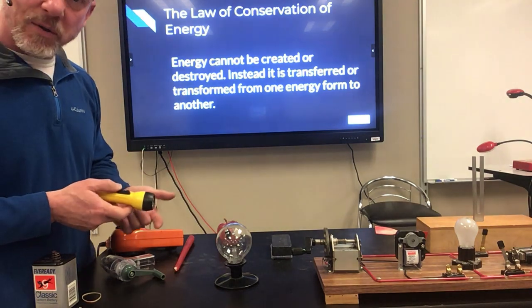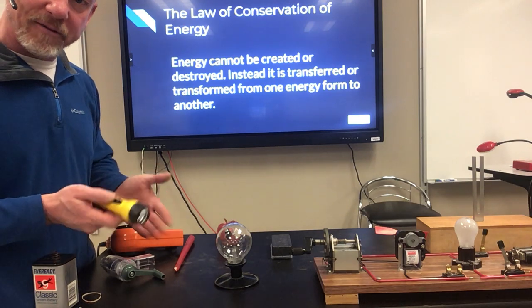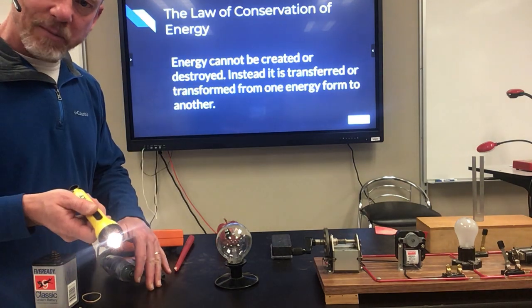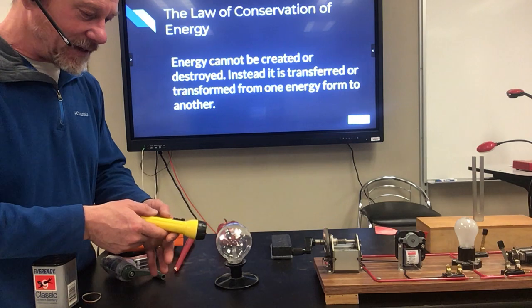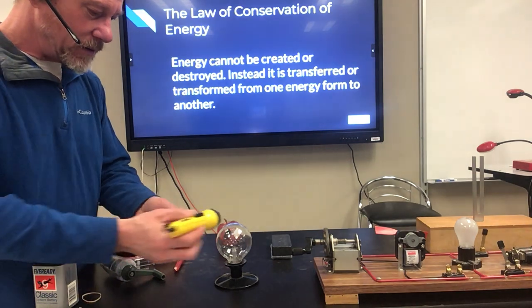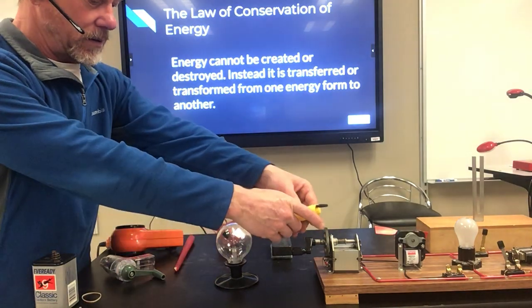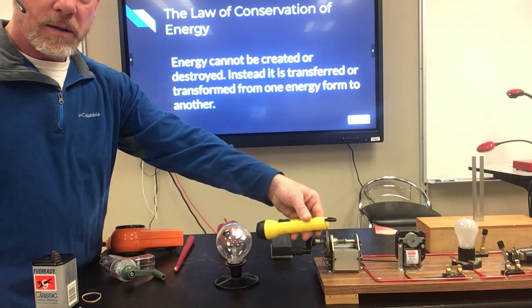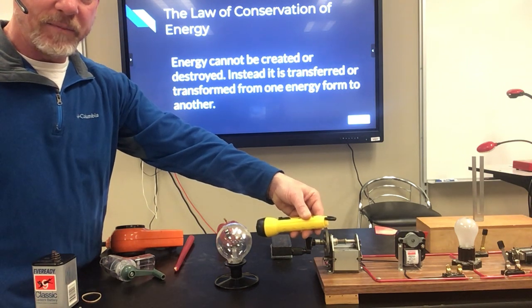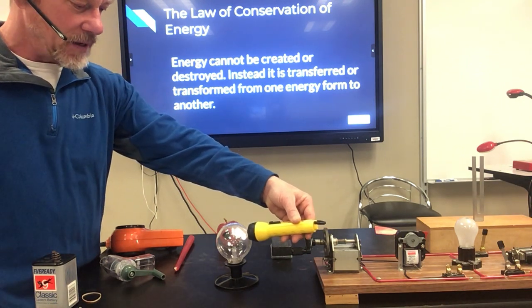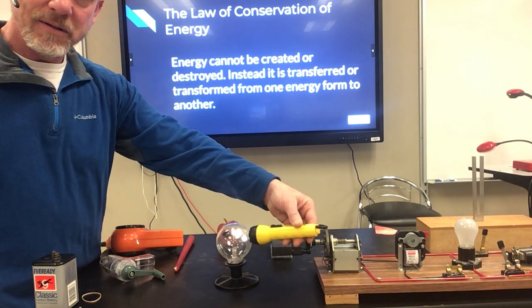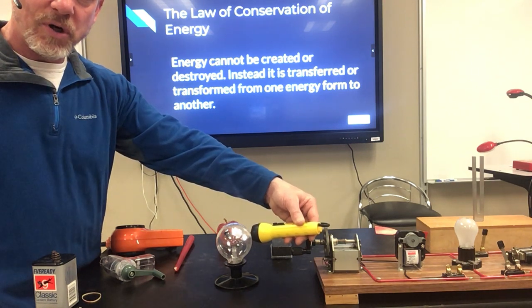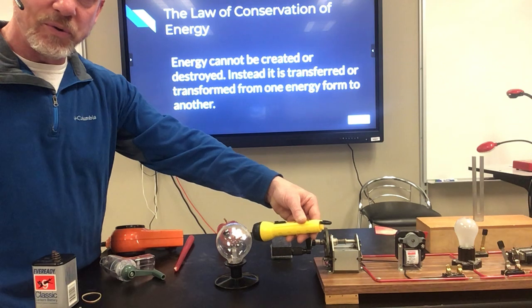One side's black, one side's white. Now we don't think of light as carrying much energy, but if I shine the light on that wheel in there, that light starts to cause the little pinwheels to spin.